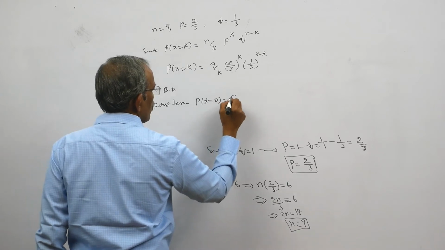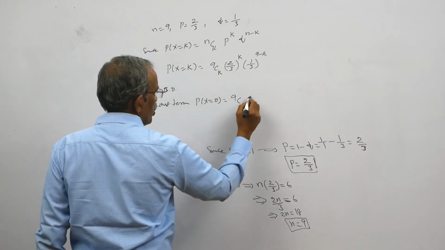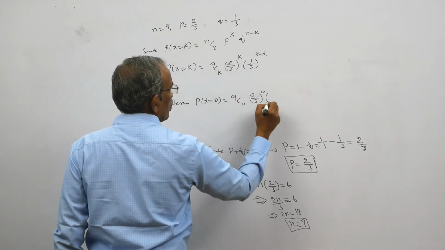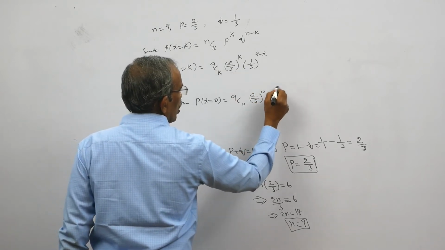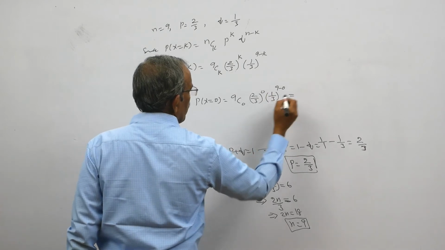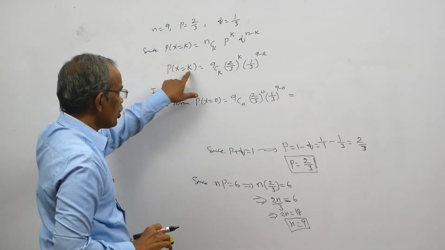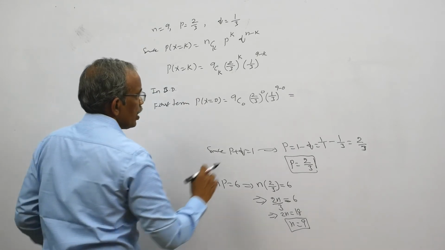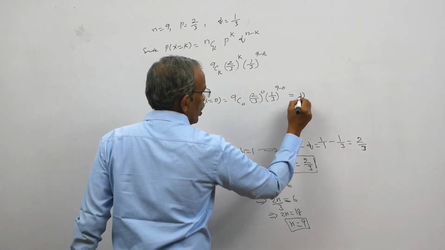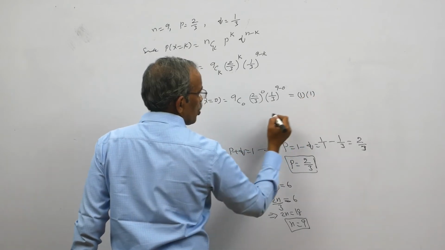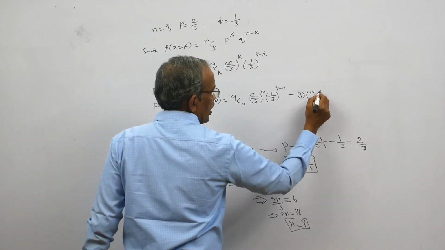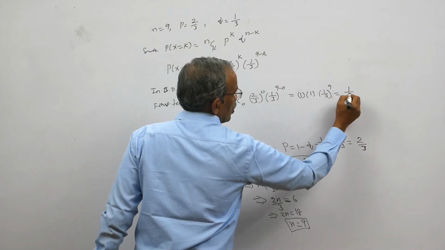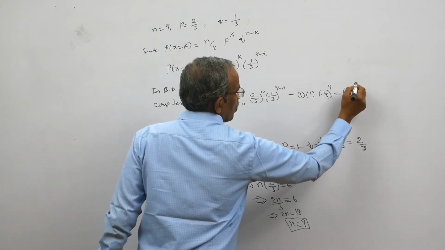P of x equal to 0 is 9C0 2 by 3 whole to the power of 0, 1 by 3 whole to the power of 9 minus 0. This is probability of x equal to k which we wrote, so here write 0 in place of k. 9C0 is 1, 2 by 3 whole power 0 is 1 and 1 by 3 whole to the power of 9. This is equal to 1 by 3 whole to the power of 9.